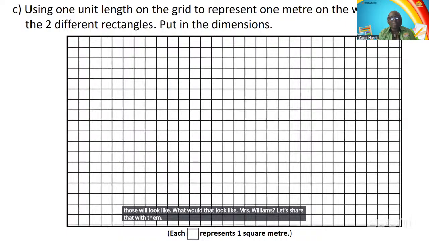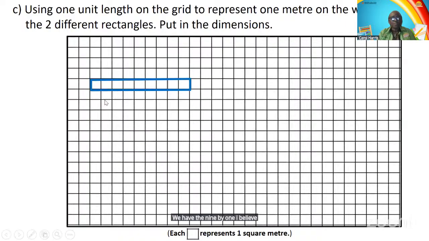We have the 9 by 1, I believe. So that's 9 by 1. Do you want me to share the others? Sure. And then you have the 3 by 3.